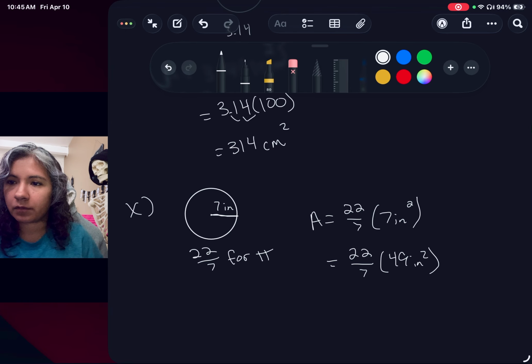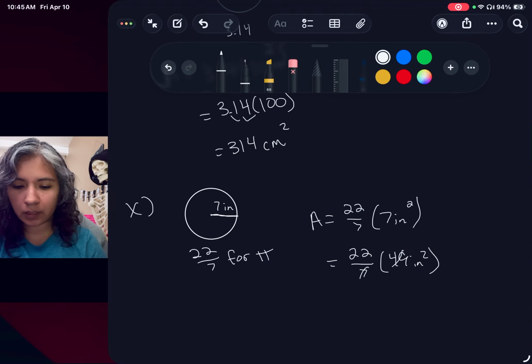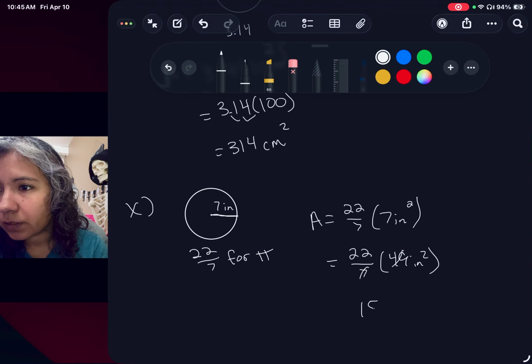These divide by 7. So 22 times 7, which is 154 inches squared.